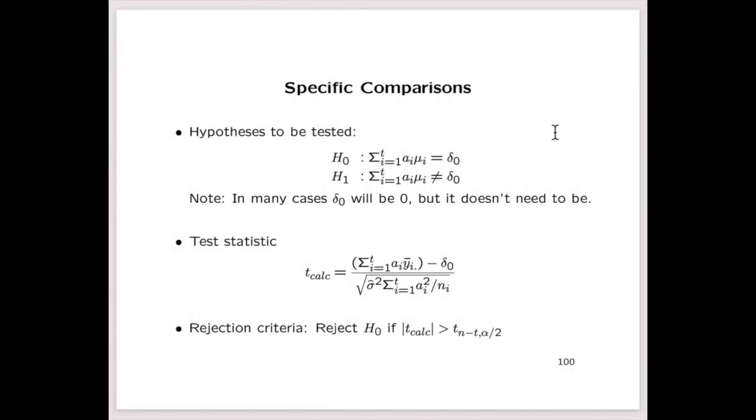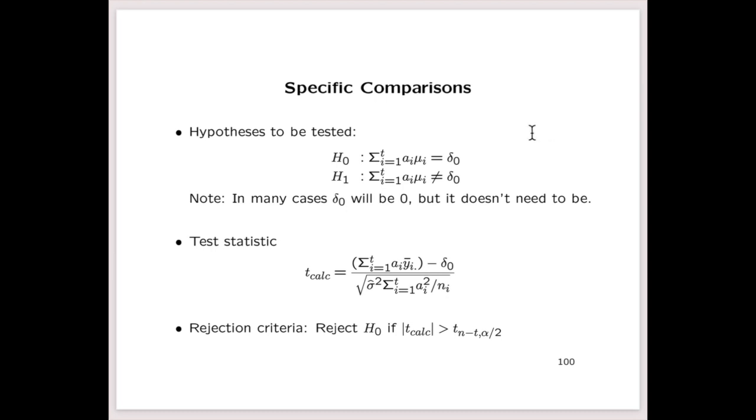And so we can use this information to come up with a procedure for testing hypotheses about linear combinations of population means, and also to come up with procedures for constructing confidence intervals for those same kinds of linear combinations of population means.